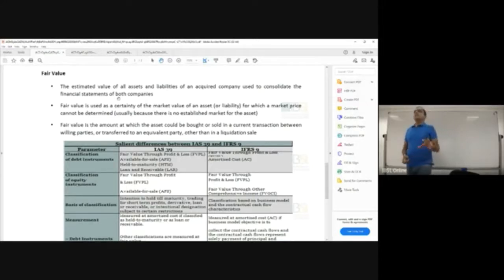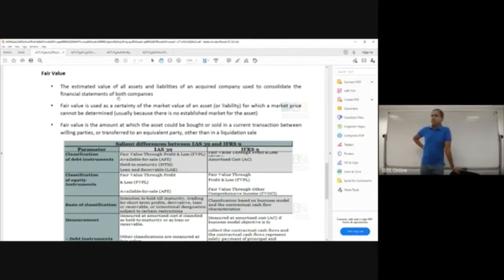IFRS 9 has three categories: fair value through profit or loss, fair value through other comprehensive income, and the third category is called held to maturity. Under these three categories, you can classify the asset that you purchase depending on what your intention is. So remember, it is based on your intention.